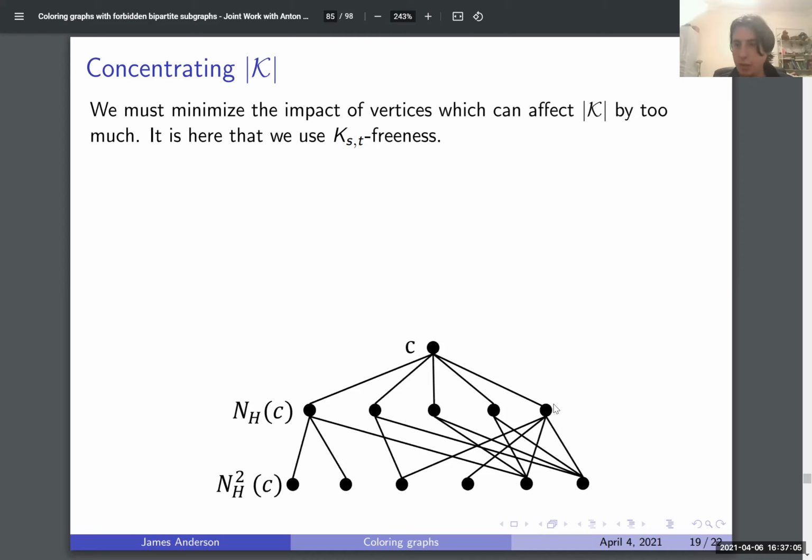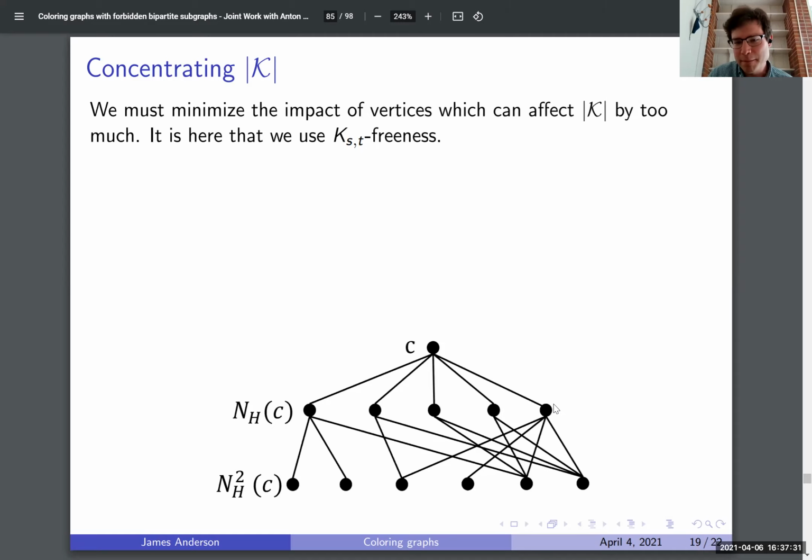I don't know if Anton or Avi, you want to elaborate on that. Yeah, we are trying to count how many colors that are neighbors of C don't have, or do have, a conflicting neighbor, right? In principle, changing one of those colors in the second neighborhood can affect this quantity by as much as the degree of that color.